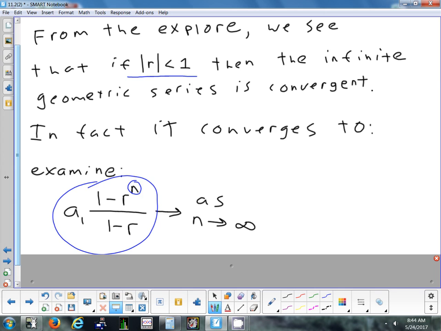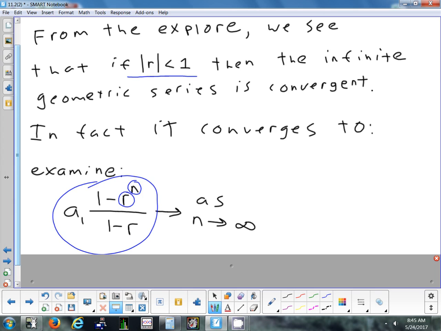It's in between -1 and 1. So if you take a number that's between -1 and 1 and raise it to a huge power, what happens? Say, the 900th power.